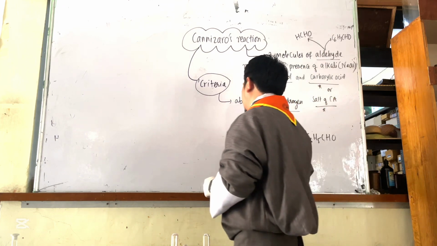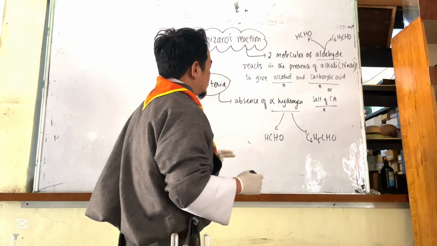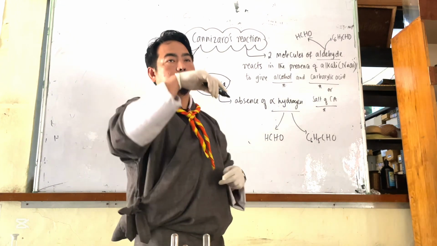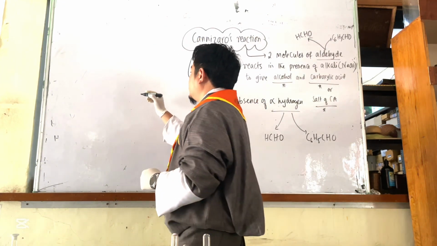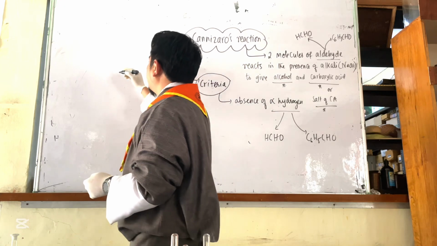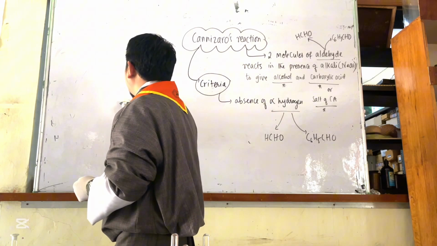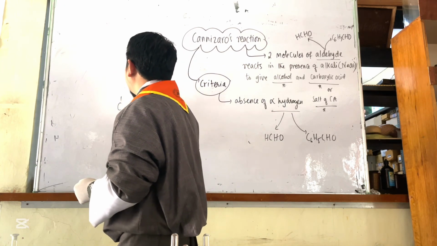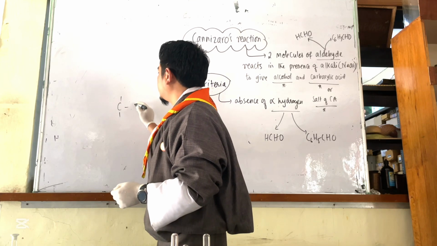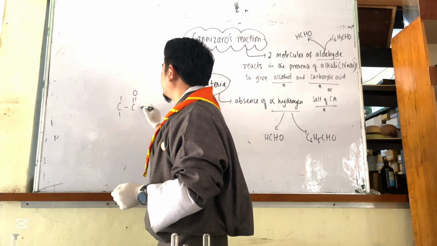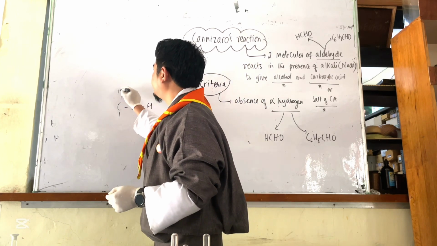How? Let us see. First, to understand the alpha hydrogen, you need to understand the alpha carbon. So let us try to understand the alpha carbon. Let us take a structure of acetaldehyde.